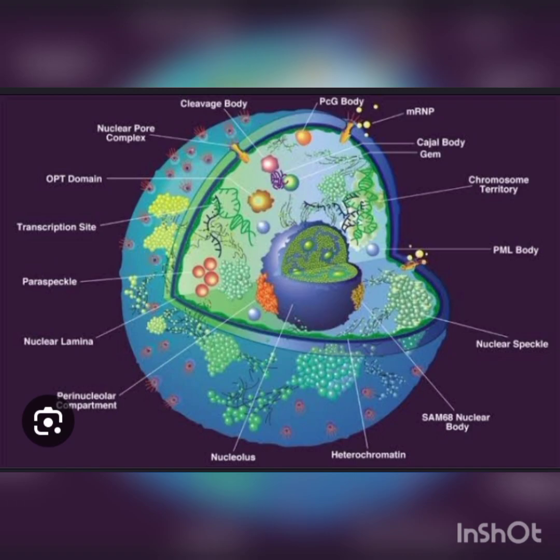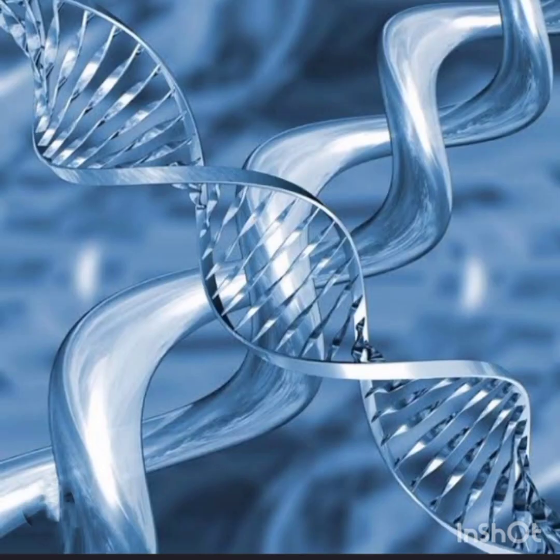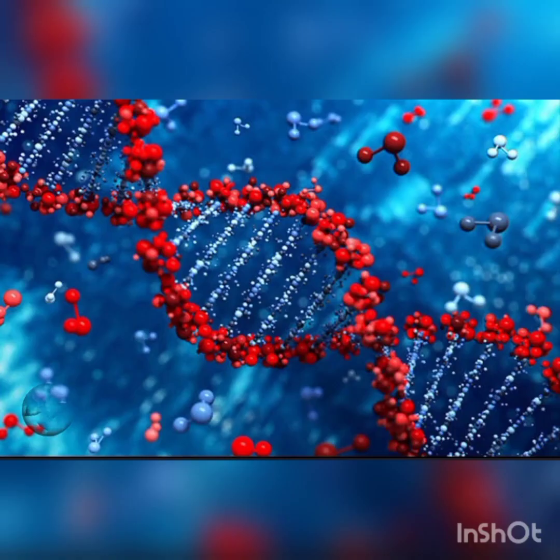There are two things that determine the types of genes, namely their nature and role. Based on their nature, genes are divided into dominant genes with strong expression, which are denoted by capital letters; semi-dominant genes with expression between dominant and recessive genes; and recessive genes with weak expression, which are denoted by lowercase letters.